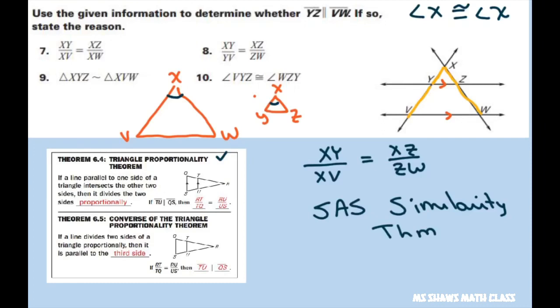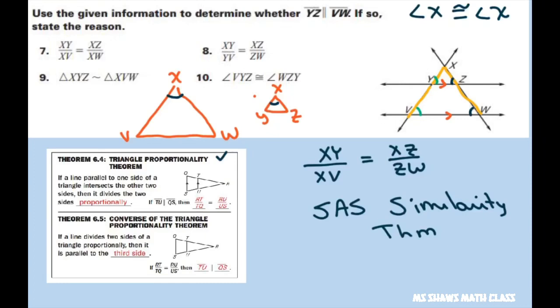And the fact that we also have Z with W. These two angles are proportional, and these two angles with the corresponding angles are congruent with parallel lines.